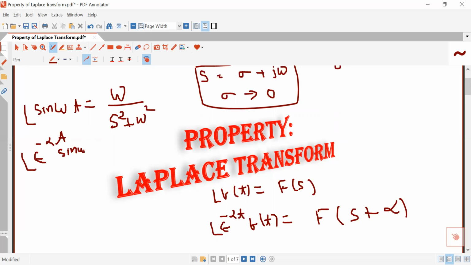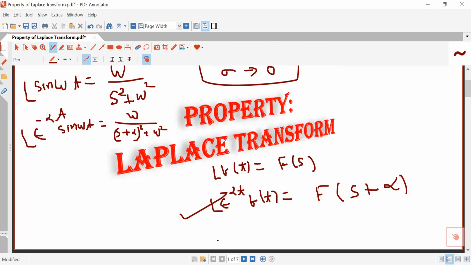In this case, what you will do? Just replace s with s plus alpha. So its Laplace transform will be this. So in this way, if you have an idea of Laplace transform of any function f(t), then by using this property, you can determine the Laplace transform of e to the power minus alpha t f(t).